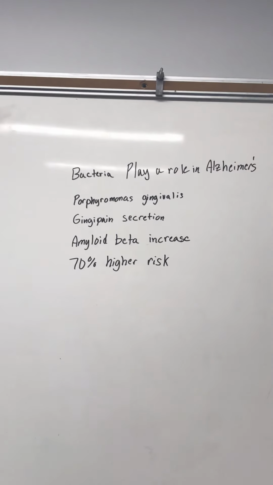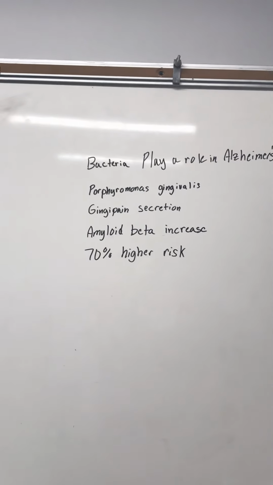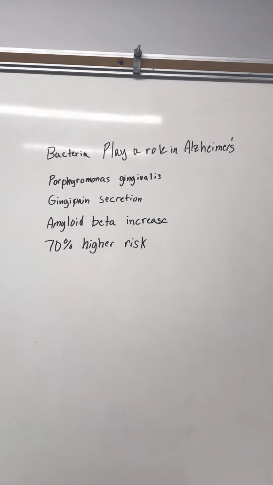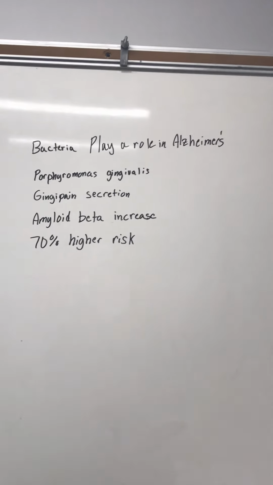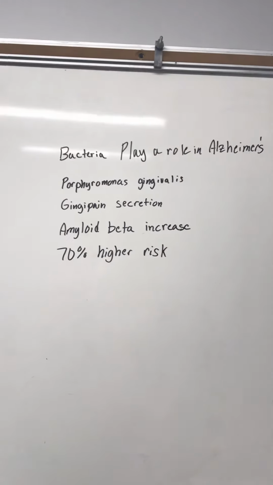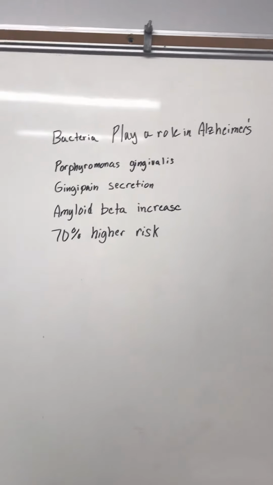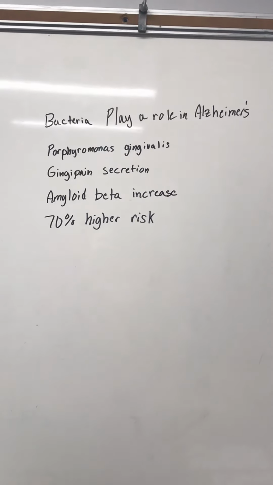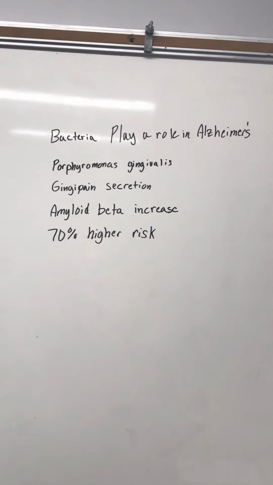But what's kind of interesting is they don't really know what the amyloid betas do, but they think that they're connected to the activation of a kinase enzyme or oxidative stress. But they also think that they regulate cholesterol. And what I find interesting about that is that cholesterol has been linked to Alzheimer's.